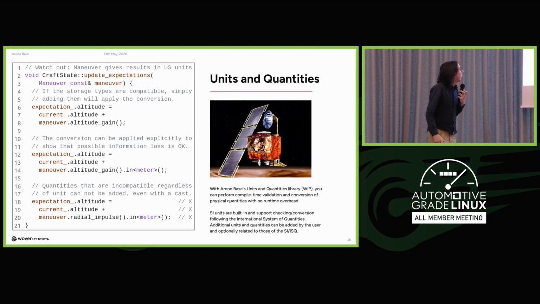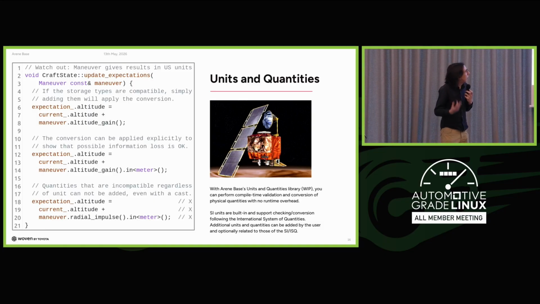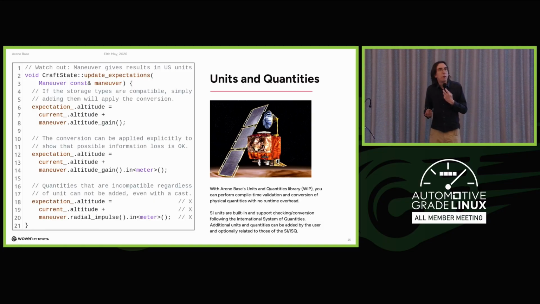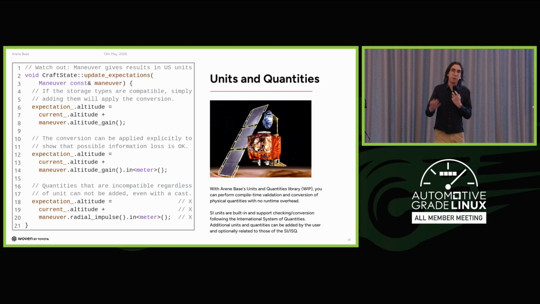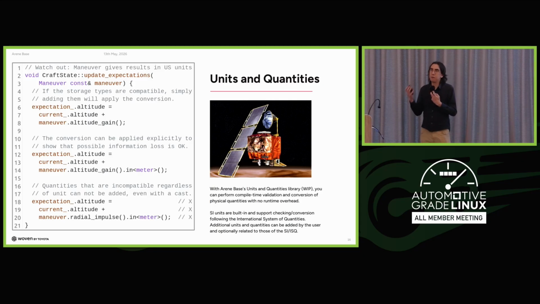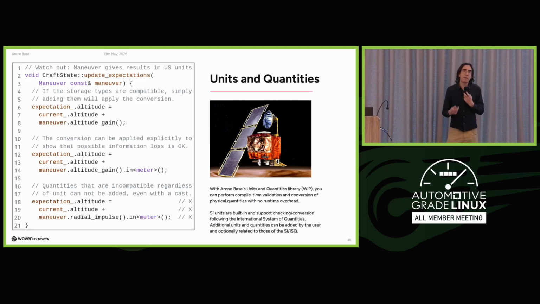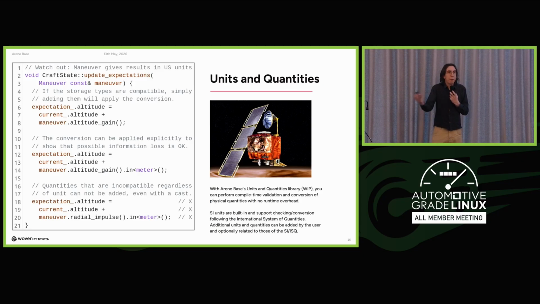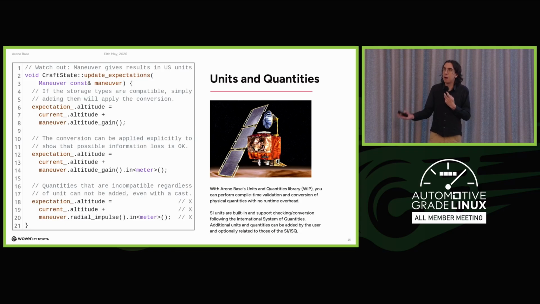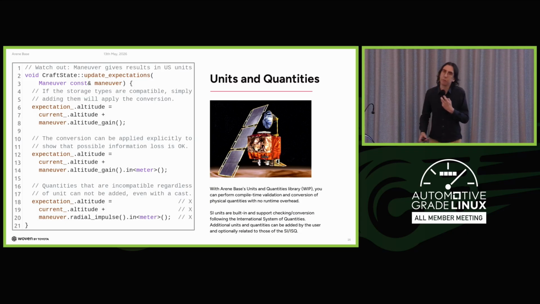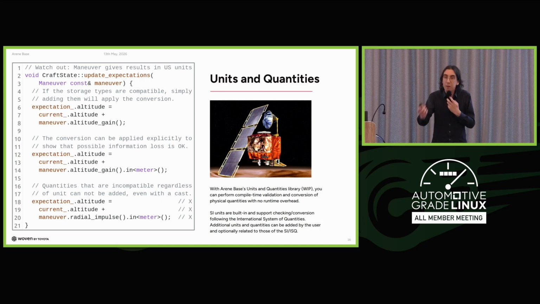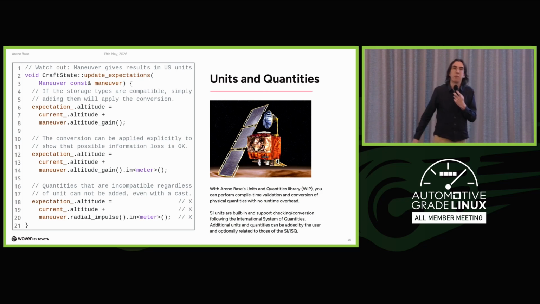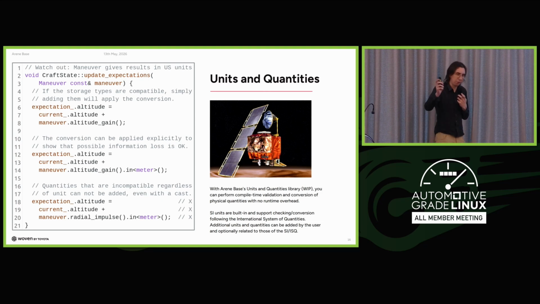The idea here is that we are using compile time information to keep track of the units of a specific physical quantity. Obviously, on a car, we are fundamentally controlling a physical object. So tons and tons of automotive applications deal with physical data like this, like the RPM of the engine, or how fast the car is going.